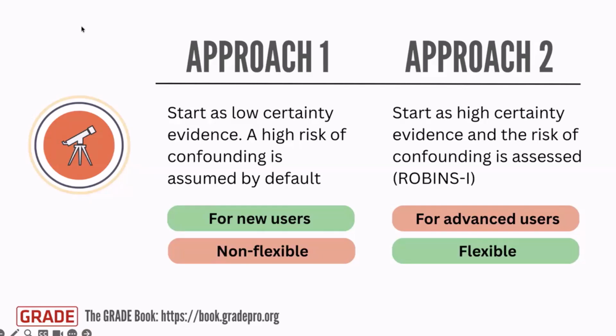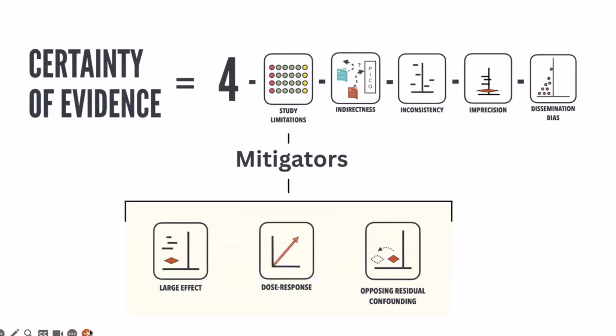So that's why approach 1 is still useful, but sometimes we have found examples where the automatic rating down by 2 levels seems to be inappropriate. So if you want a more detailed assessment, approach 2 is a better way.